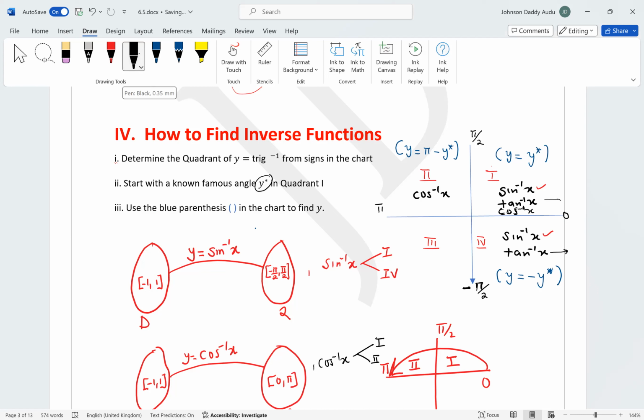When we take an example, I will explain how to find this y star. And just like we did with reference angles, if you are in the first quadrant, it's the same as your angle, so we have y is equal to y star. But in the fourth quadrant, we will have y is minus y star, which is like the reference angle in the fourth quadrant. Remember, in the fourth quadrant, we used to use 2 pi minus theta, right? But here we cannot use 2 pi because of the range of our functions.